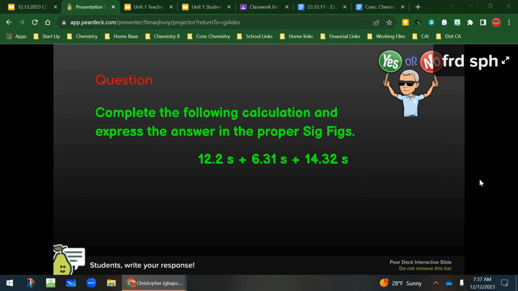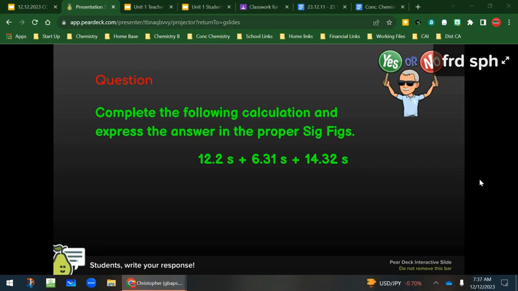The rule for addition and subtraction is we look at the three measurements that we've taken and we find the least precise measurement. 12.2, 6.31, 14.32. Which one is the least precise measurement, Levi? Which one of those three is the least precise measurement? The first one, 12.2.